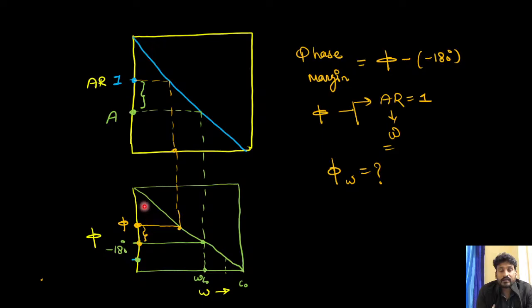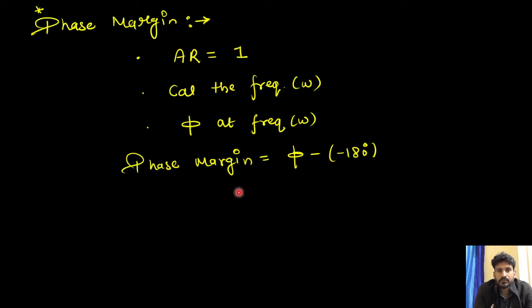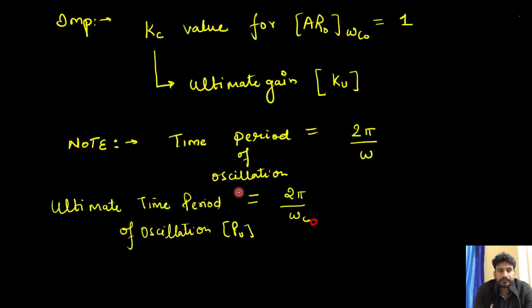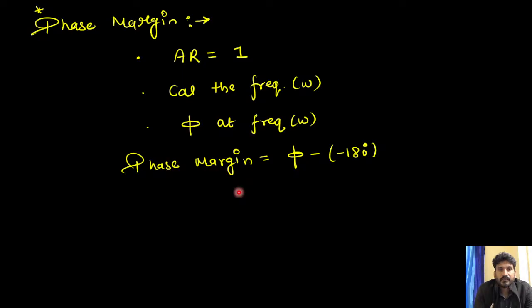To be very clear: put AR equal to 1. At this AR equal to 1 you will get the omega, which is any random frequency. At this frequency, calculate the phi and put that phi in this formula, phi plus 180.